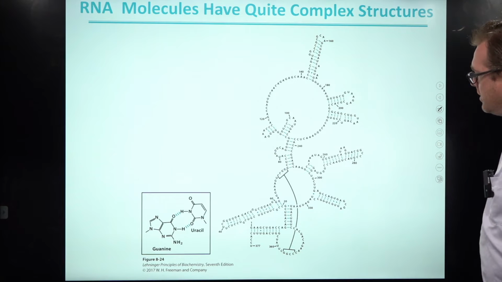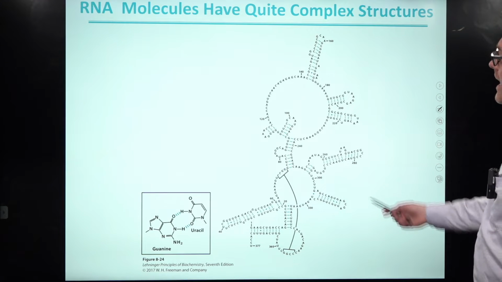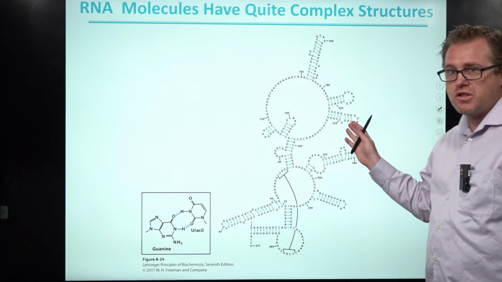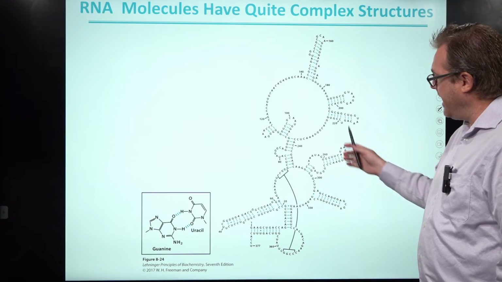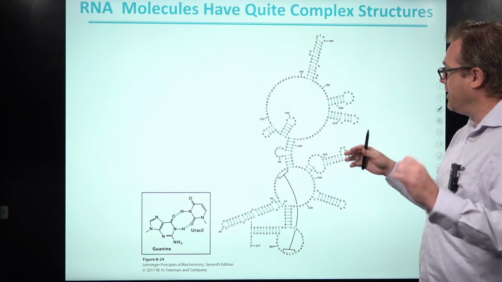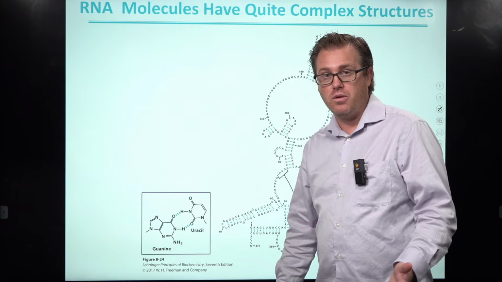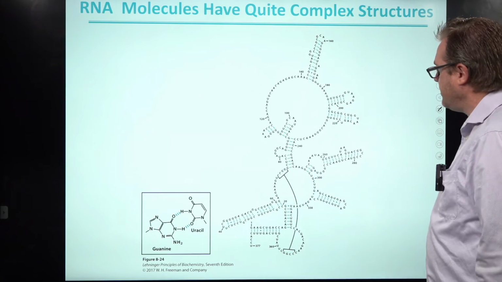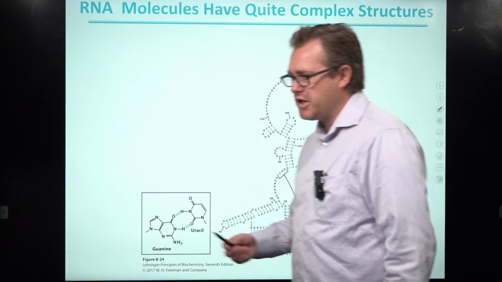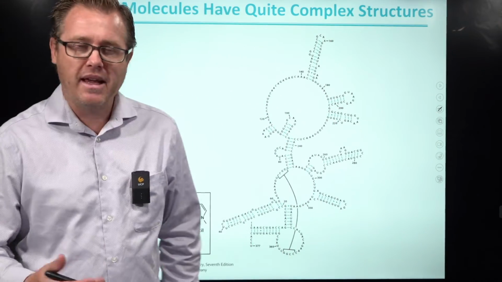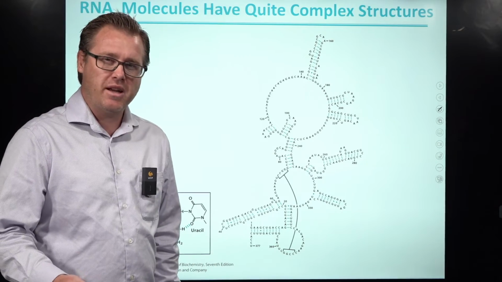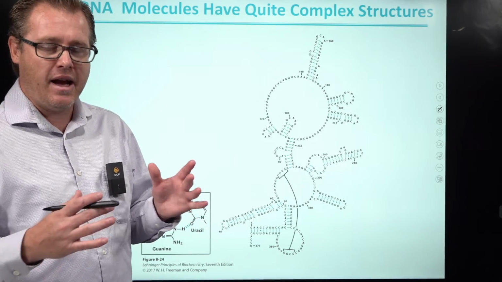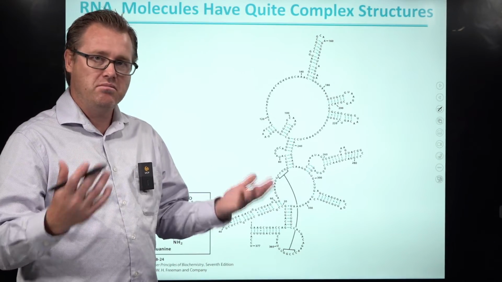Right here, look at that. That is a single-stranded RNA molecule, but it's just folding in on itself and creating these really cool structures. And it's these structures that help give it its function. Much like proteins, if proteins are not in the correct three-dimensional shape, they lose their function.